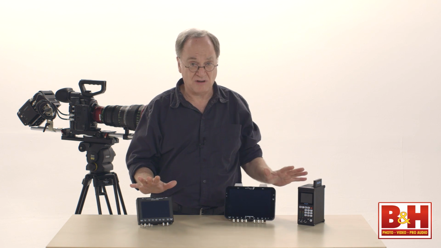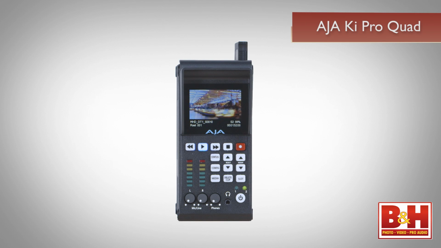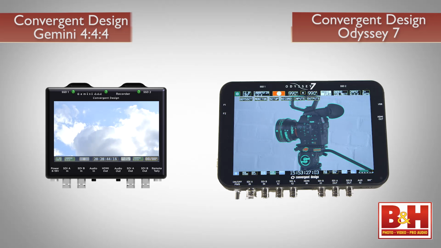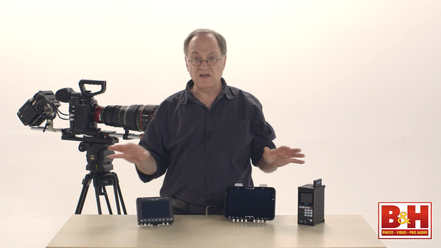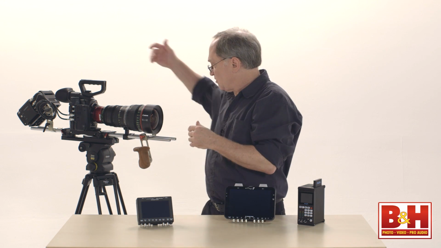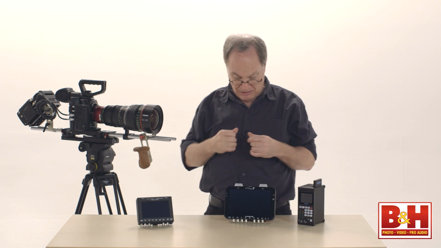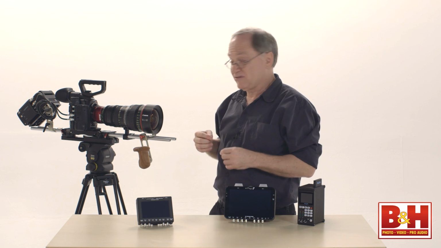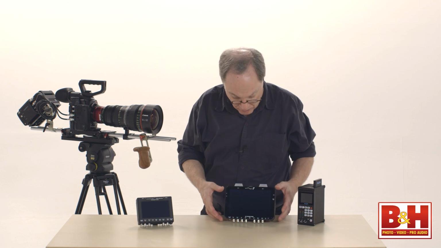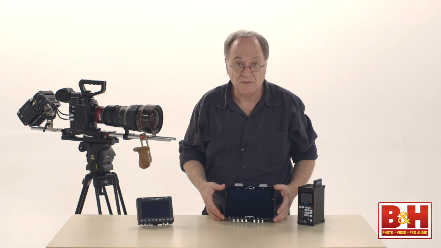They're not heavy at all. The Aja Keypro Quad, the Codex S, the Convergent Design Gemini 444, the Odyssey 7, all of these attach easily to the back of a C500. As I mentioned, the 7 actually may be used in front because it's also a fantastic OLED monitor.